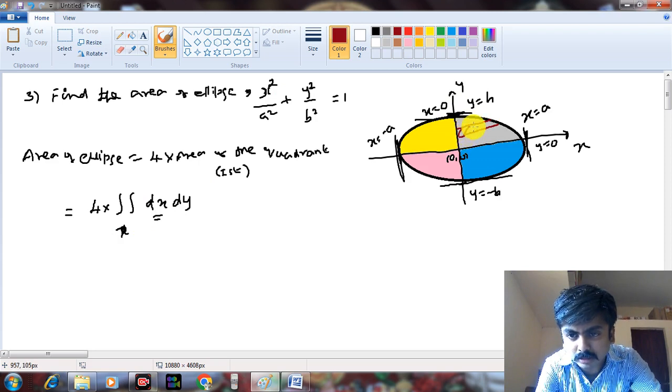Okay, horizontal. So what we are going to do is find the area enclosed in the first quadrant.